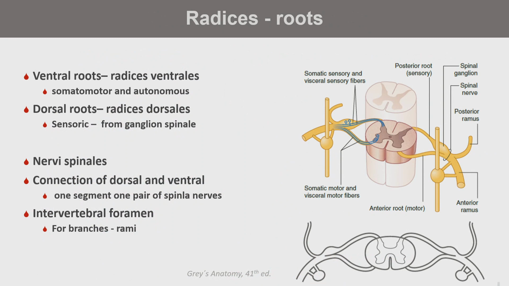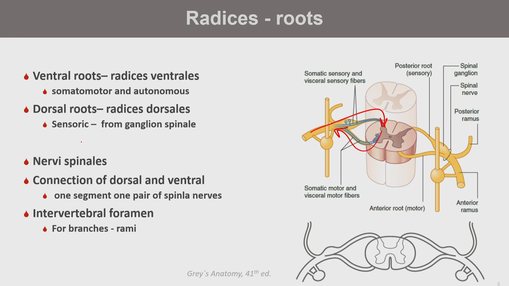So now we turn to radices, roots, and description of those structures which are known to you. Once again, I hope that some are not able to say that dorsal information with the dorsal root is going inside, and sensoric and motor is going anteriorly.